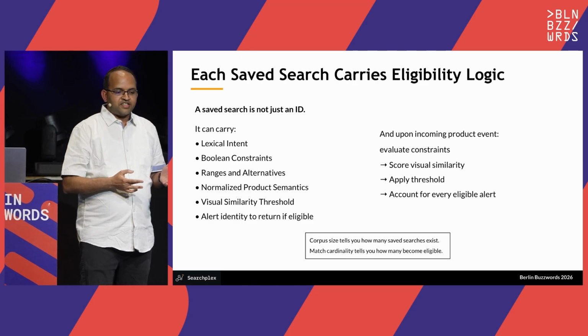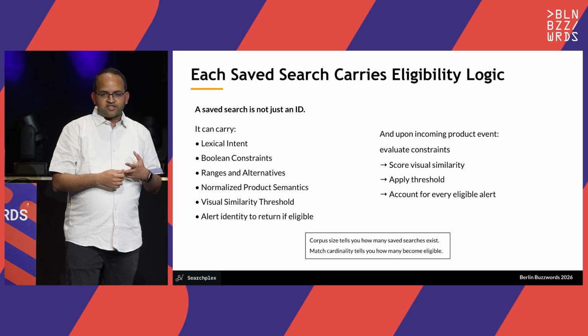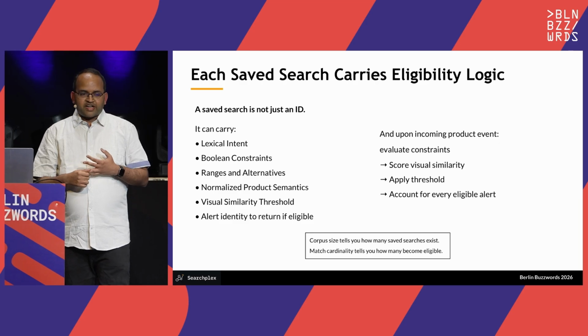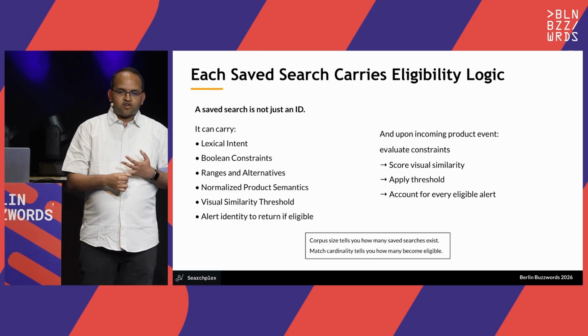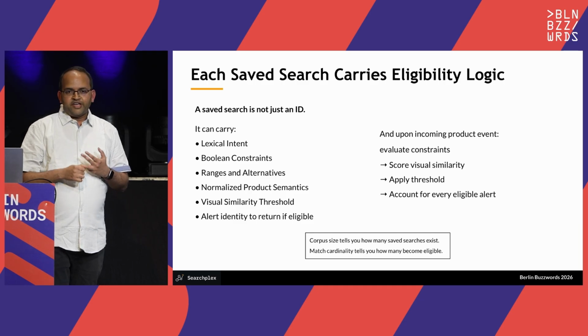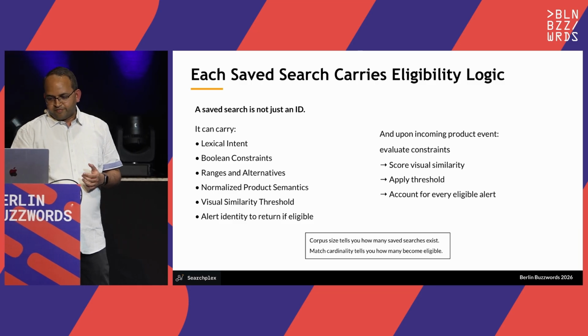One is carrying all the aspects that we just discussed about: lexical, boolean constraints and ranges and everything. But it also has to run all this logic on every incoming query or incoming product. For each incoming product, all this logic has to be executed.